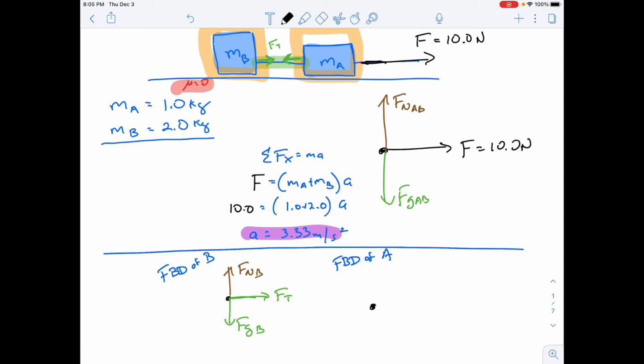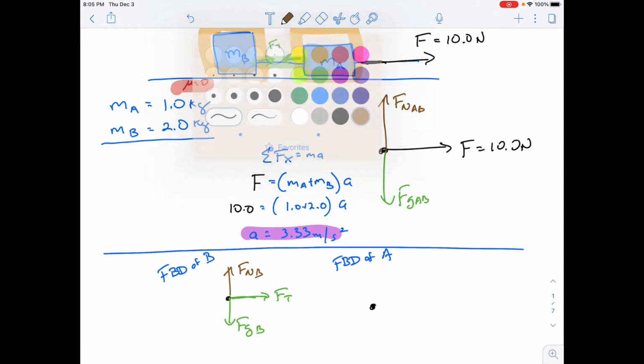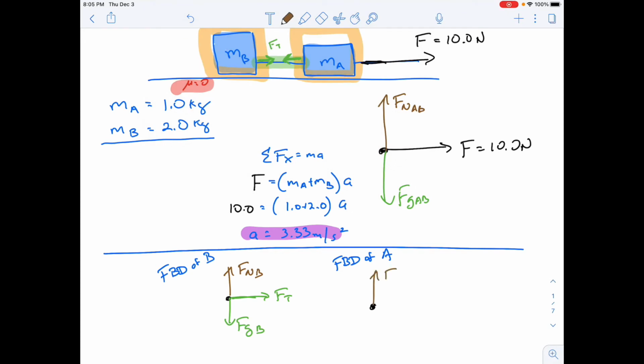we can see that it has its own normal force. Of course, it has its own gravitation, its own weight. And then that tension, which we had mentioned before, trying to pull B forward, is the same tension that is trying to hold A back.